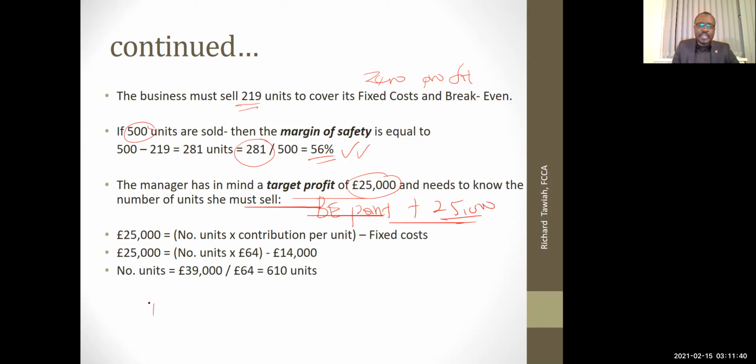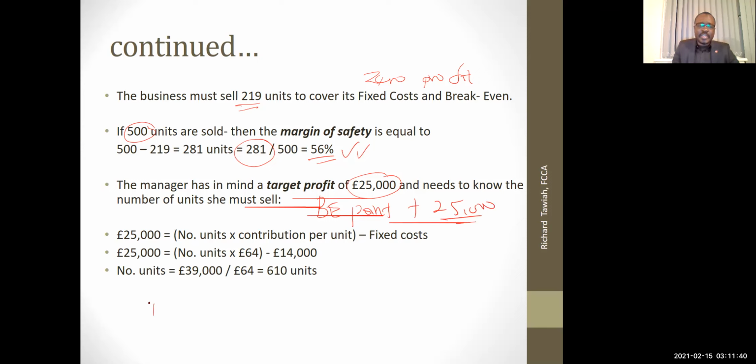Fixed cost was 14,000, the target profit is 25,000, and our CPU is 64. So we get 39,000 divided by 64, and it means we need to sell 610 units to be able to make the target profit management expects of us, of 25,000.